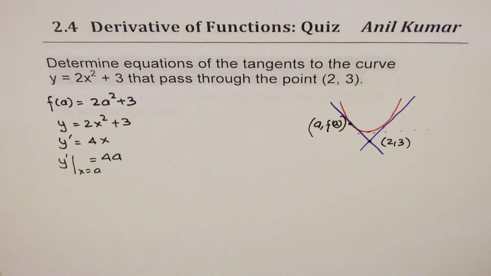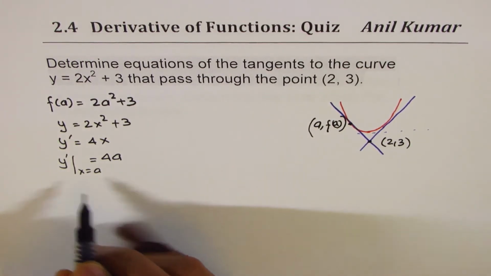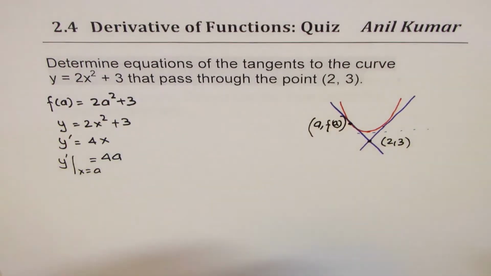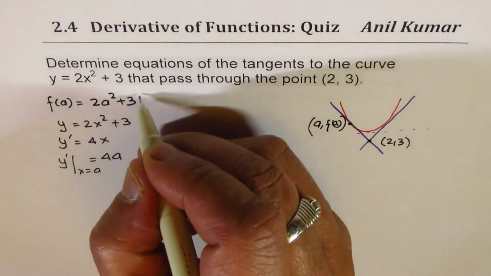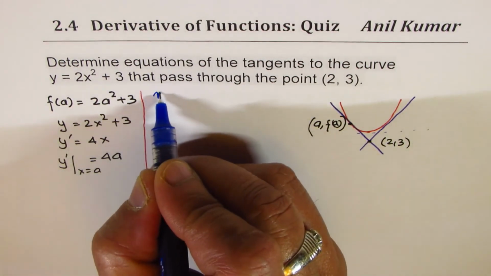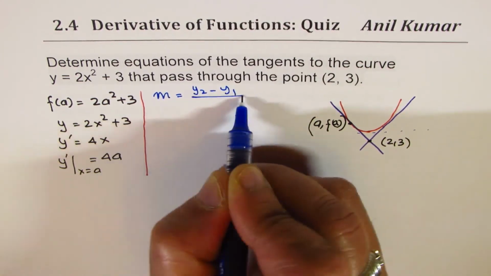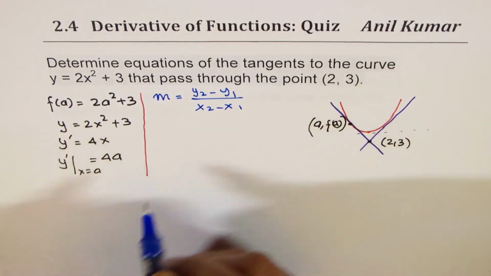So this is one way of finding the derivative. The other way is, we could always write rise over run, correct? So the alternate method to find the slope m is y2 minus y1 over x2 minus x1.